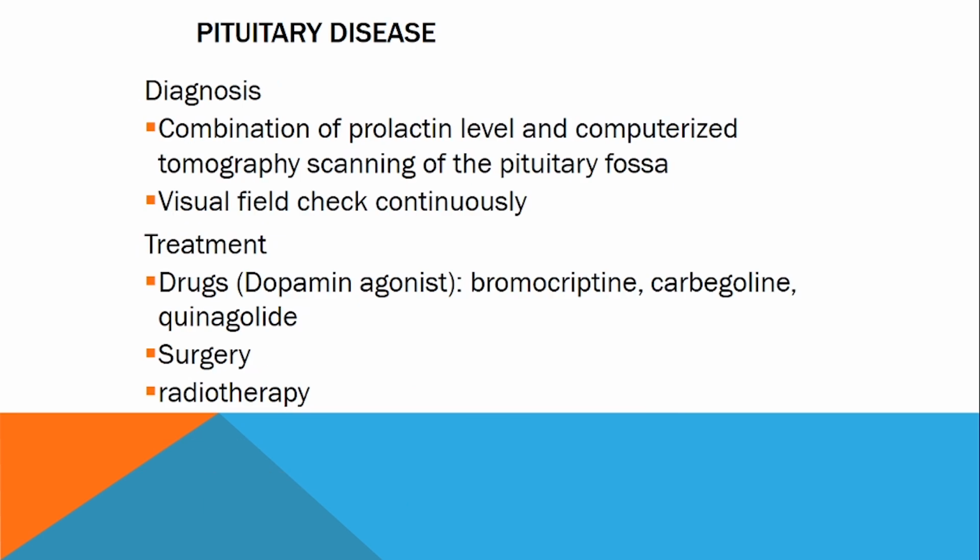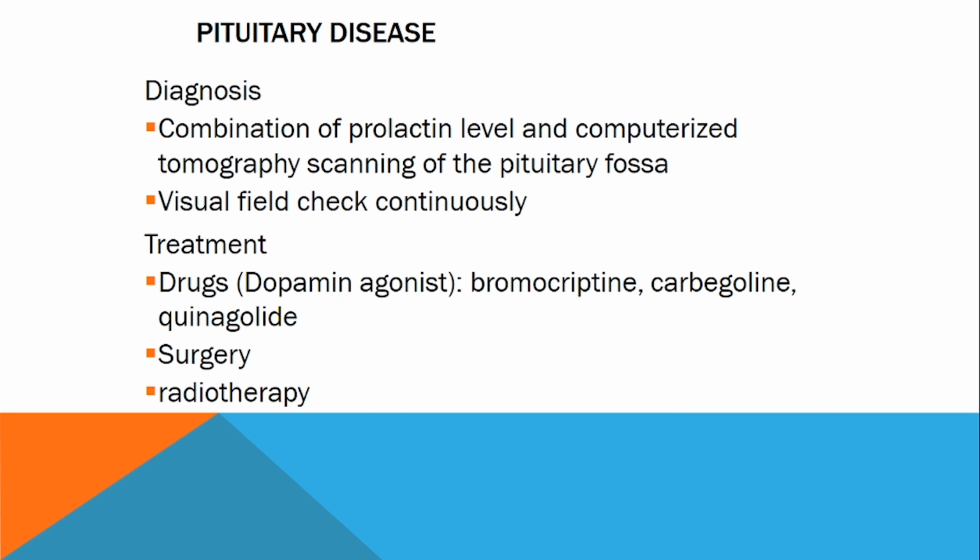How is diagnosis made? Diagnosis is made by a combination of prolactin level and computerized tomography scanning of the pituitary fossa. Diagnosis by prolactin level alone is not reliable, because in normal pregnancy the prolactin level can increase 20-fold.